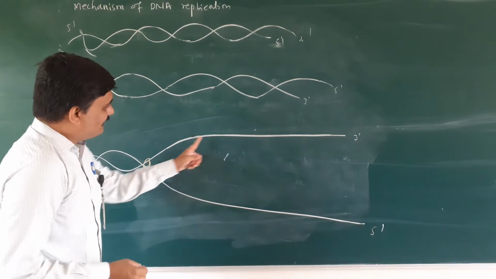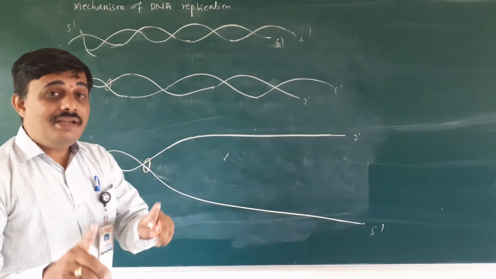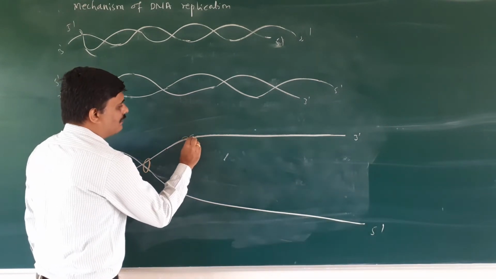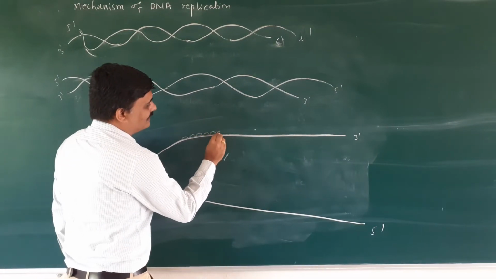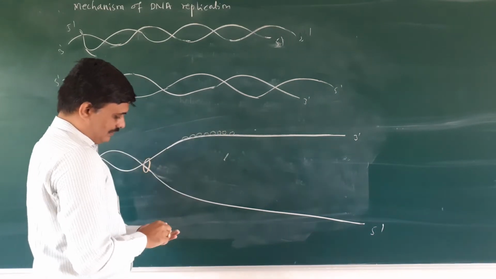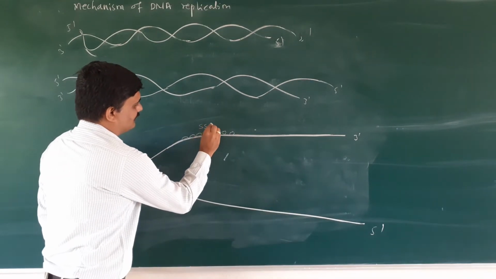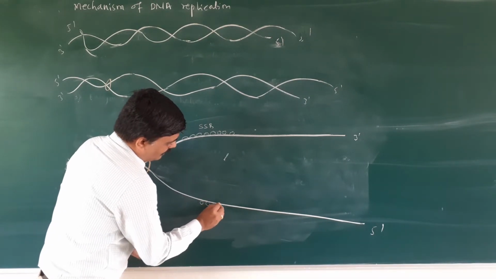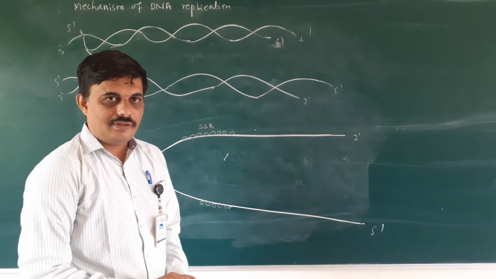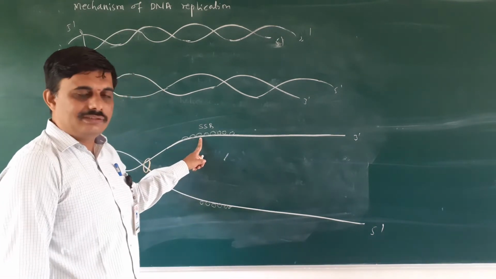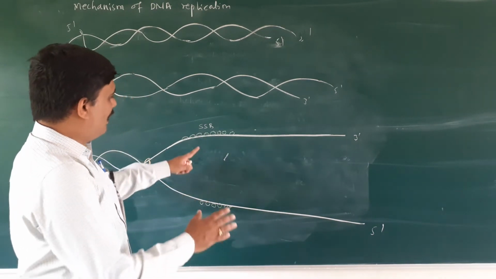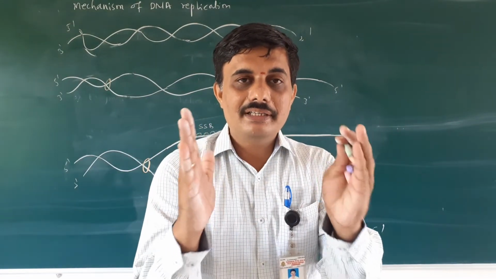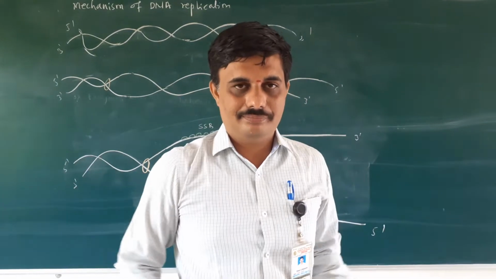These strands of DNA are kept intact by a protein called single-stranded binding protein, or SSBs. These single-strand binding proteins bind to one strand of the DNA and keep this strand intact.